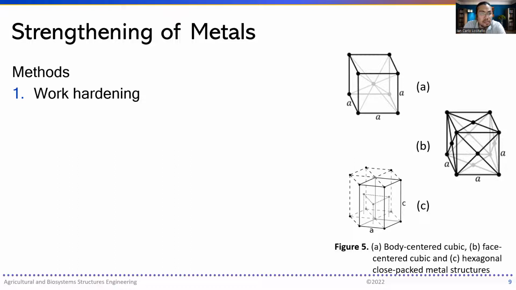This is increasing the strain of the material by introducing stress, through dislocation movement and generation in the crystal lattice structure of the material. On the right, you have the different crystal lattices for metals: body-centered cubic, face-centered cubic, and hexagonal close-packed. These are metal structures.